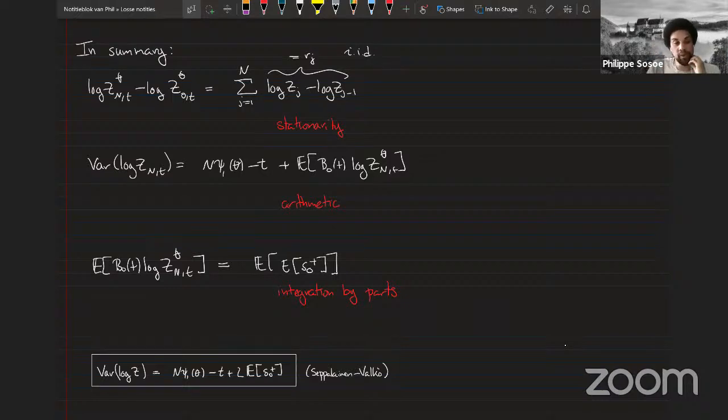Then just by doing some arithmetic, we used that to write the variance of log z at n, t as the sum of two terms, n psi 1 of theta minus t times the expectation of b0 times log z, which are just constants. And then we did Gaussian integration by parts, and we said we can transform this into the expectation of S0 plus.